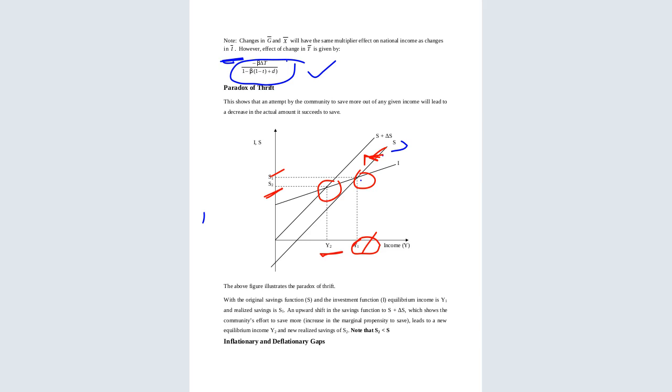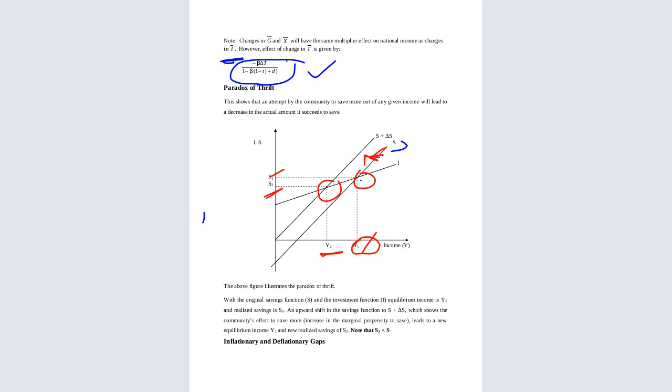So this simply shows that the community's effort to save more leads to a new equilibrium income, Y2, and a new realized savings of S2.